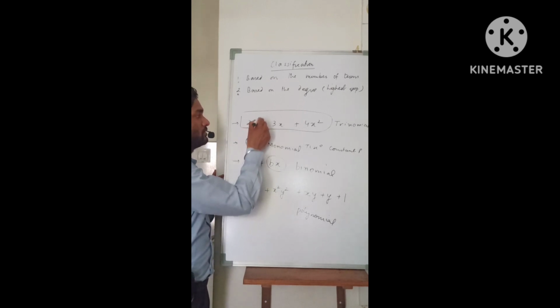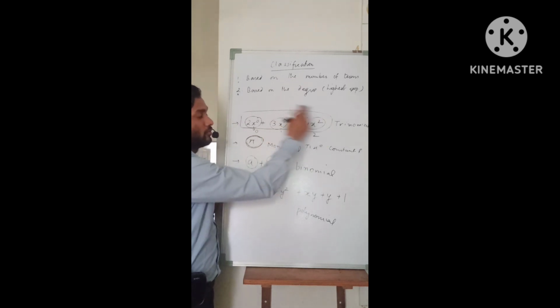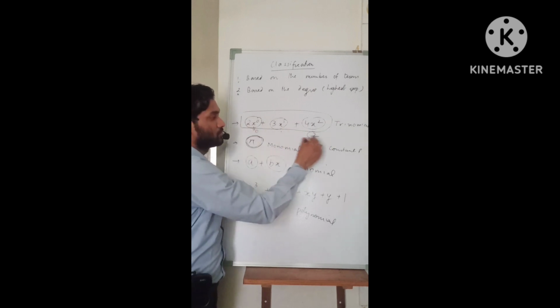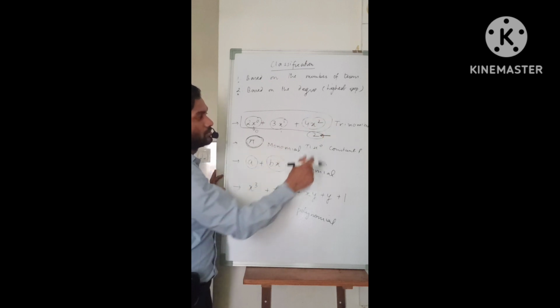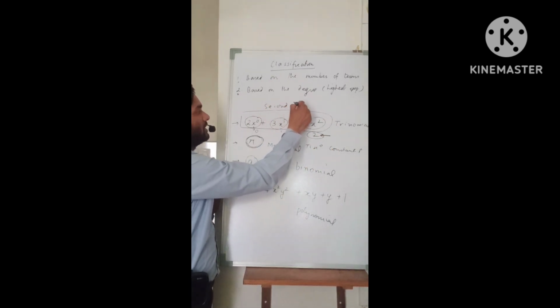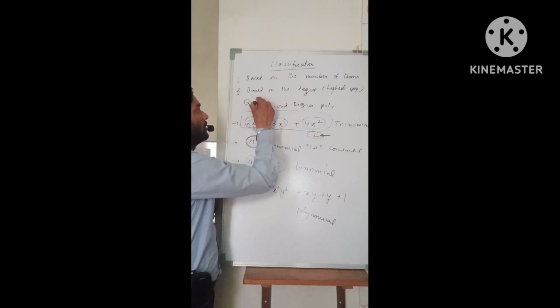So 0 is the degree for this term, for this term the degree is 1, and for this term the degree is 2. So for the polynomial as a whole, the degree is the highest, which is 2. This is known as a second degree polynomial, or we say quadratic polynomial.